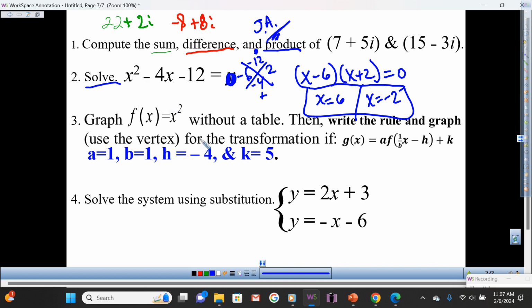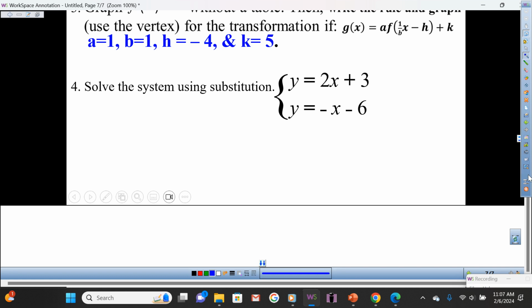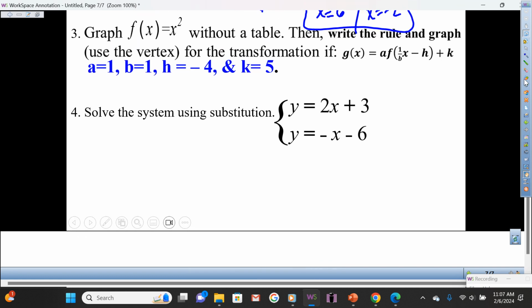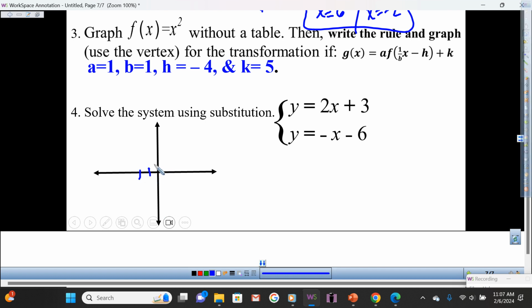All right, let's go to number 3. Number 3 says, first graph f of x equals x squared. By now, you guys should be experts at this, yes? So we plot -2, 4, -1, 1, 0, 0, 1, 1, 2, 4, and we're going to label that f of x.